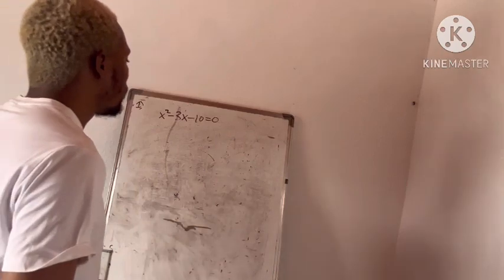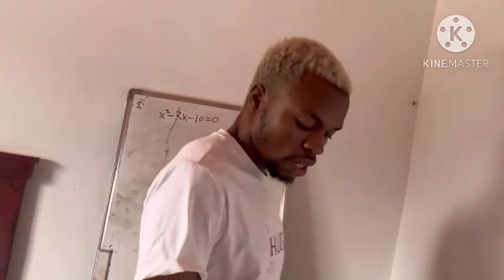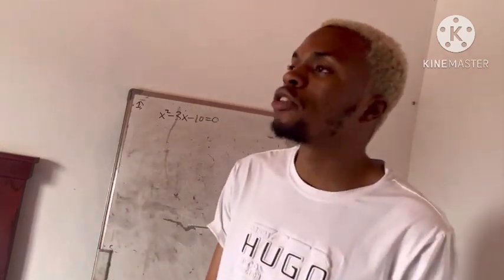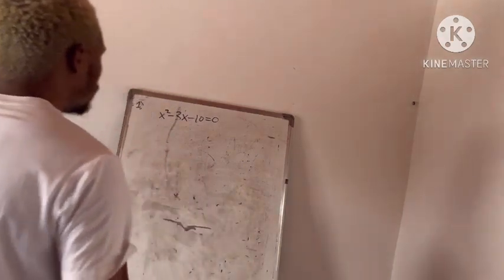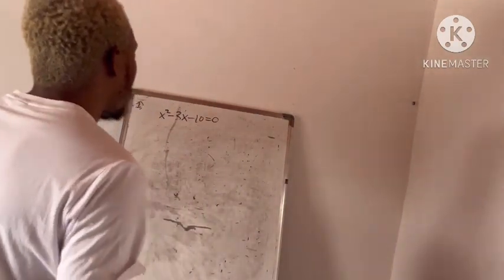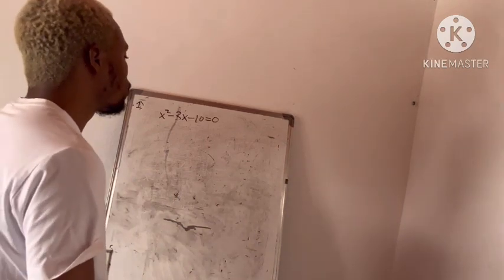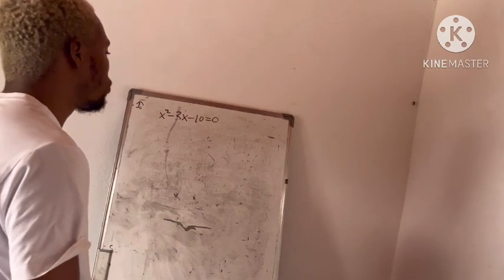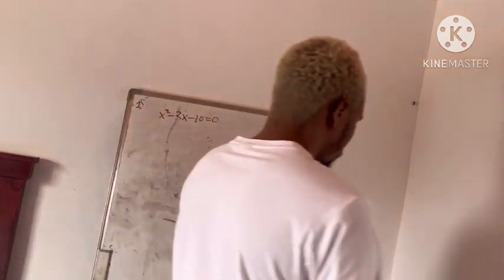So you have x squared minus 3x minus 10. Looking at this, if you want to use the graphical method to solve it, it's all about plotting graphs for this equation.